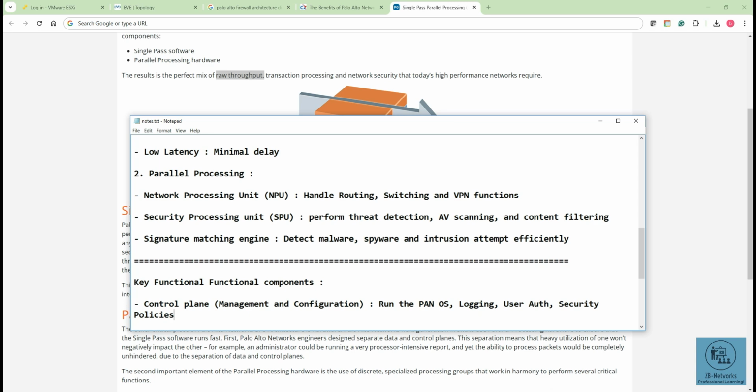Plus, it uses a dedicated CPU to prevent any management task from affecting performance. That means the management plane has a separate CPU dedicated to it, as you can see in the diagram.